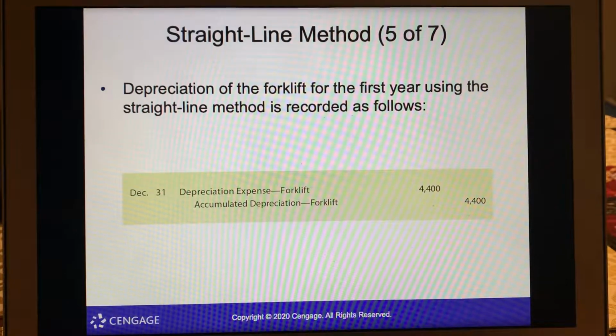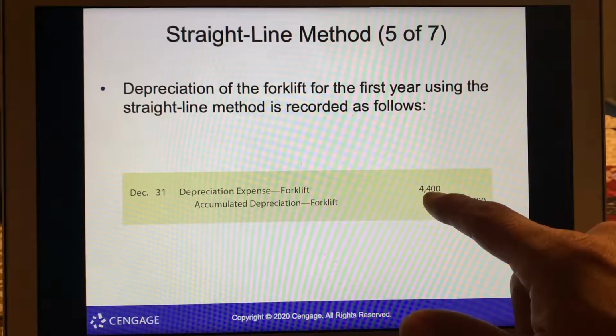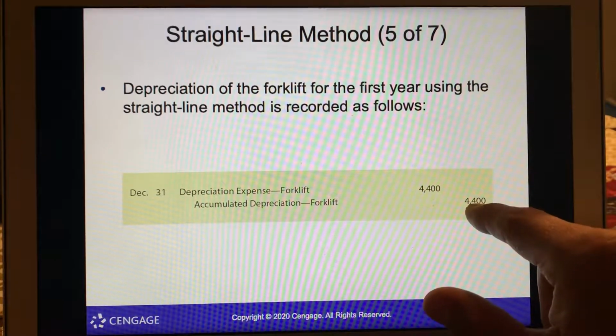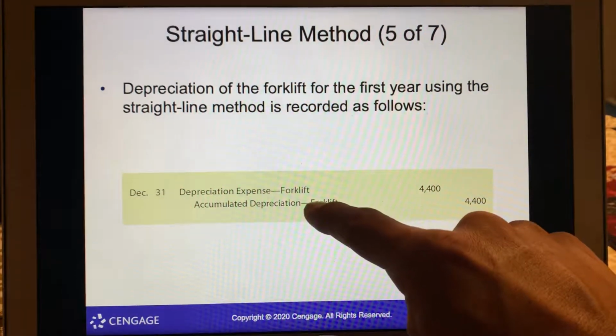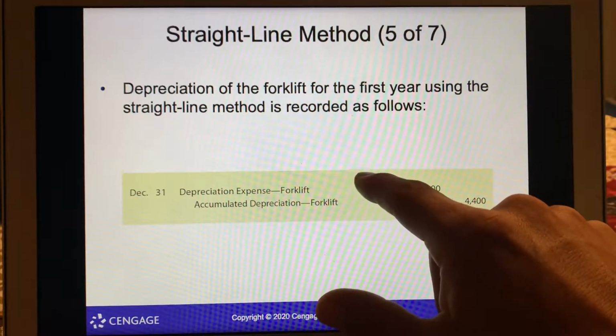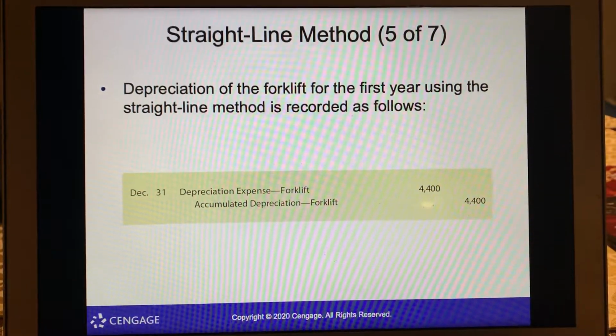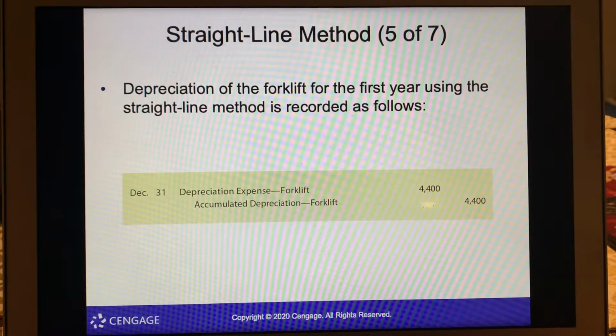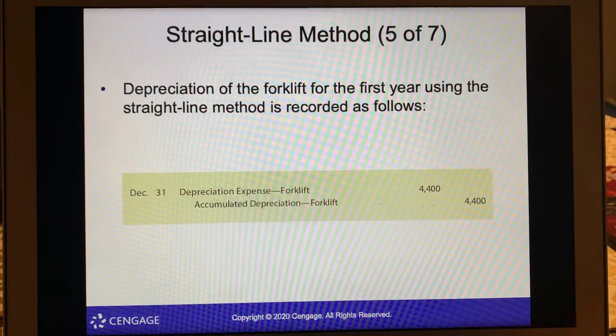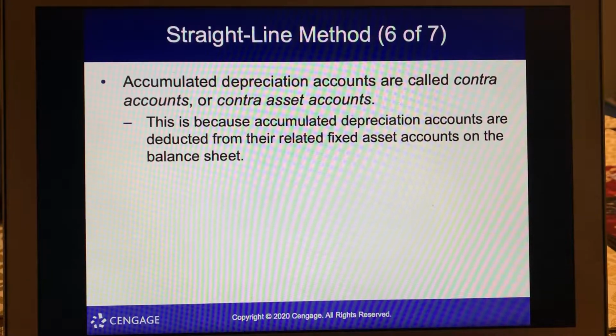So here's what happens. For the first year, depreciation expense, forklift, 4,400 goes to depreciation expense. Accumulated depreciation is credited. Now keep in mind, this is a contra asset, so on the balance sheet it'll say forklift, the asset, and then accumulated depreciation, 4,400, which will be the contra account to forklift as an asset. Then as you go through, it'll give you the book value of the asset each year.